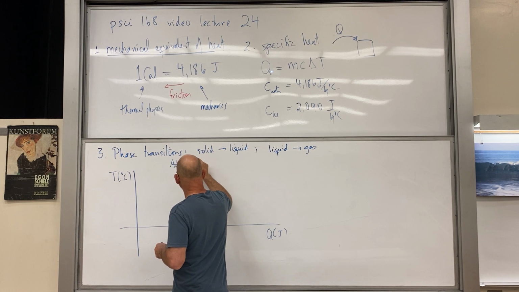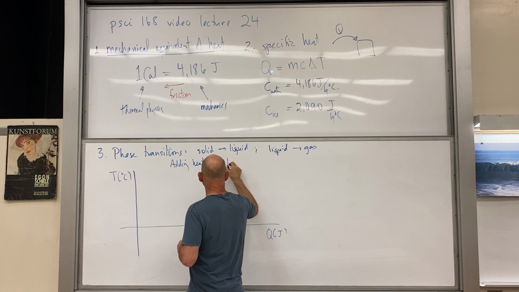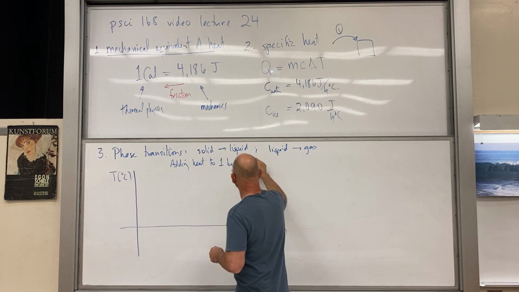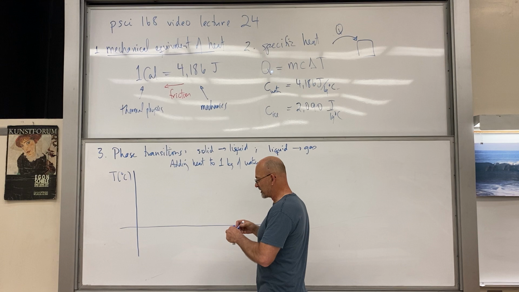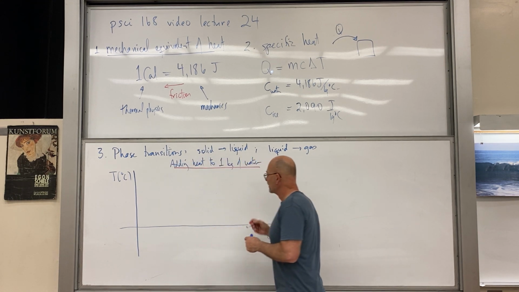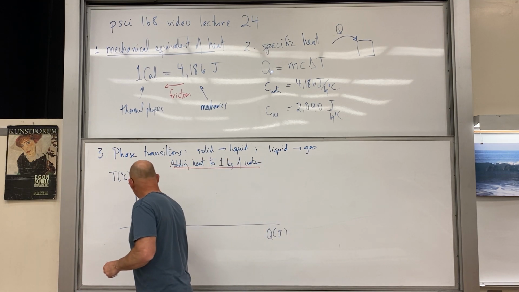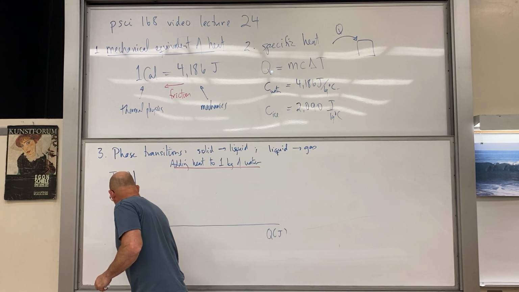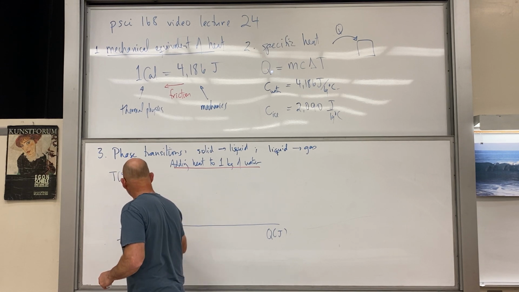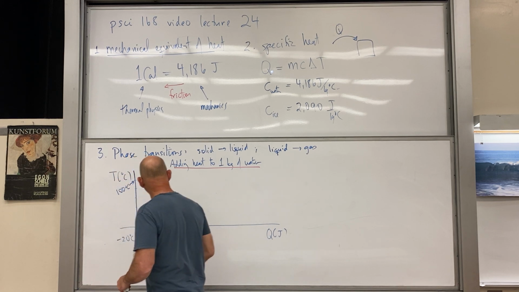Adding heat, we'll just call it that, to 1 kilogram of water. So that's what this graph is about. And so here we go. Let's start with water that's at, just to start with some concrete number, minus 20 degrees Celsius. So that's ice. And then 20, 40, 60, 80, 100. So right here is 100 degrees. Right there.